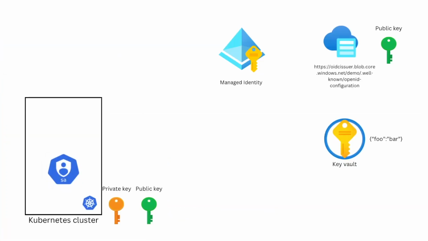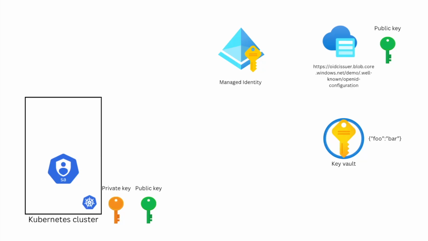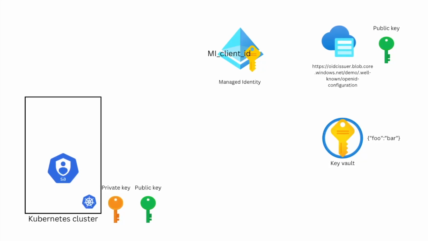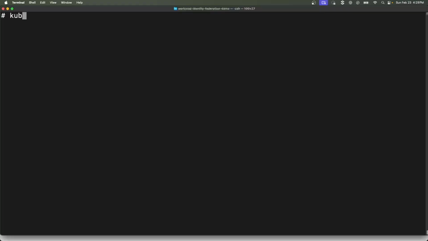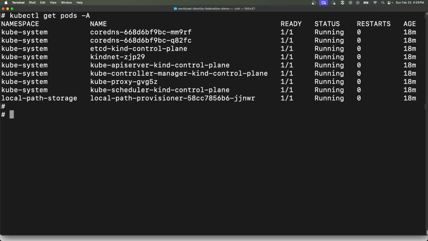Now, let's configure Kubernetes to use our managed identity for authentication. We will create a service account and annotate it with the client ID of our managed identity. We start by creating a service account in Kubernetes named custom-sa.